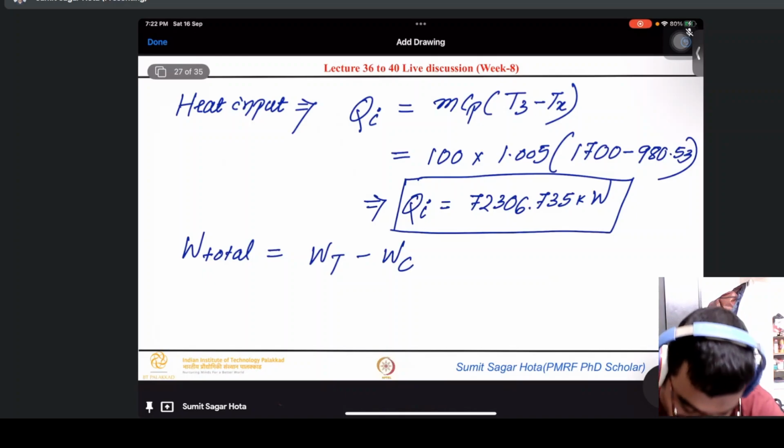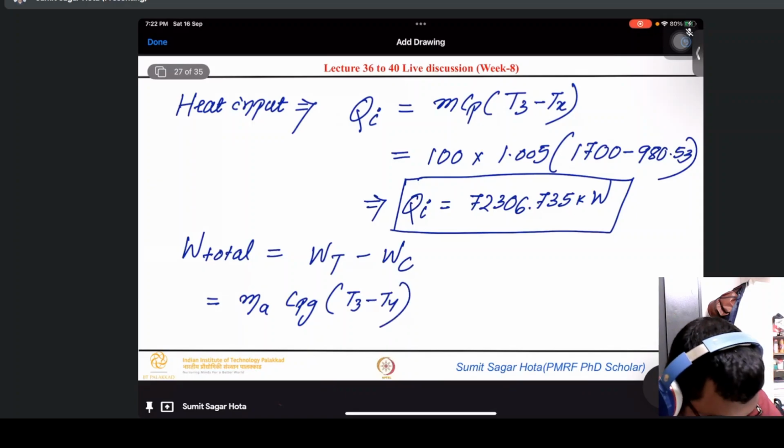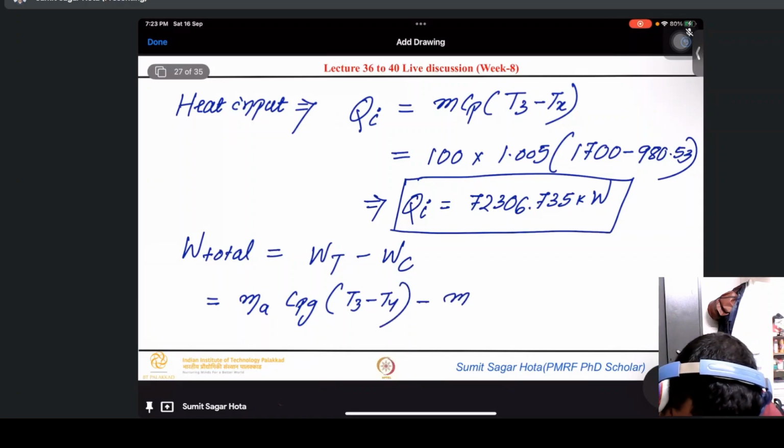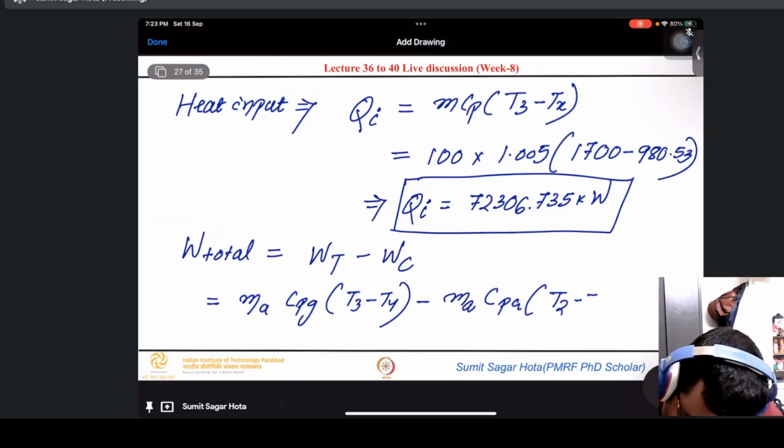What is turbine work? m CPG into T3 minus T4, minus m CPA into T2 minus T1. Okay.